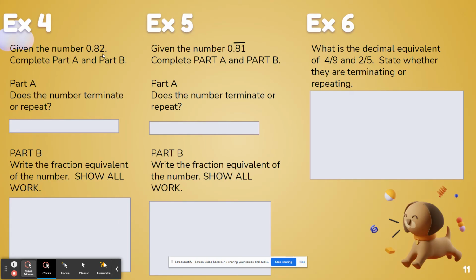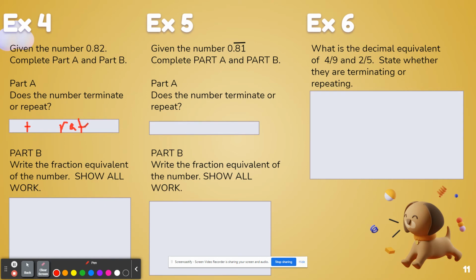Now, given the number 0.82, we're going to do both part A and part B. Does the number terminate? Yeah, it definitely ends. So that means that this is a rational number. So we're going to put terminate. Terminate means end, where I'm just going to put the letter T for terminate, which means that this is going to be rational.